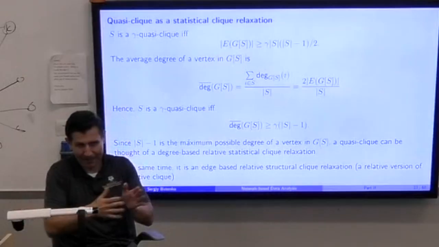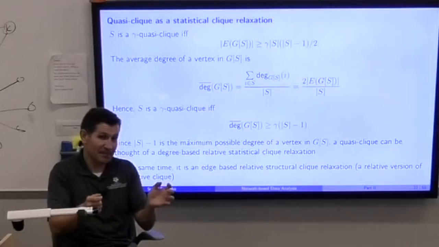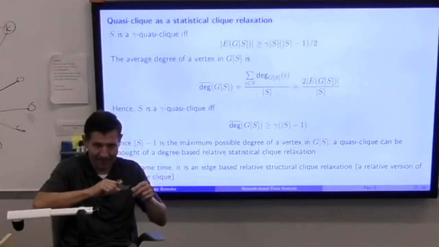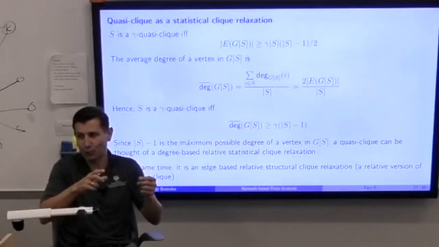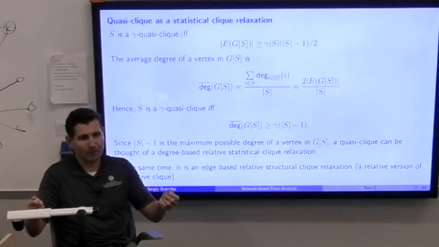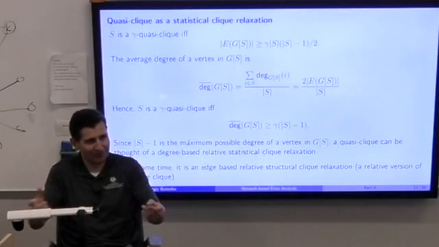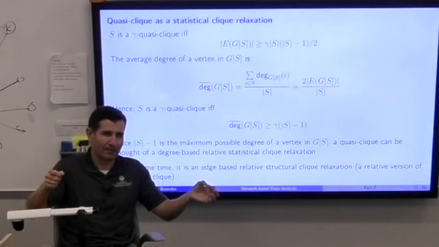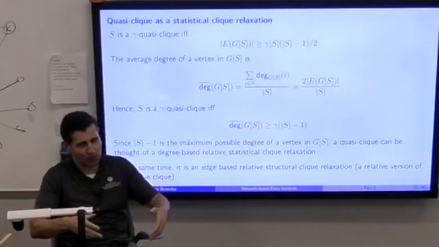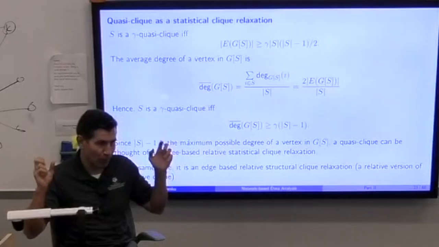I'm not looking at the average, but I want to be risk-averse, so I take a small percentage of the longest distances and restrict that to be no more than a certain value. So I know for sure that even the worst 10% of distances will be no more than 5, let's say, right? And I could add it on top of some other requirements, and we'll obtain a risk-averse version of my clique relaxation.